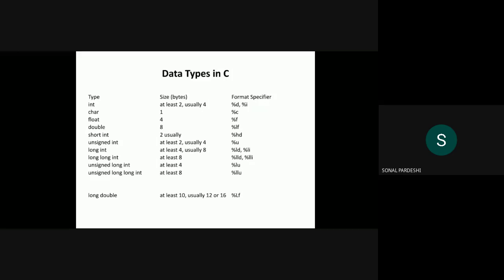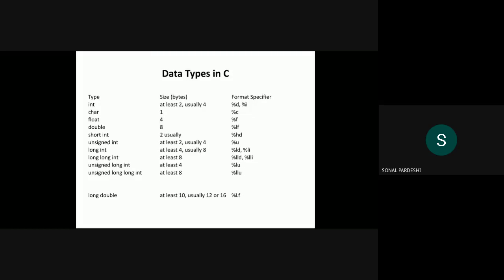For example, if you are executing your program on Turbo C or Turbo C++, the size of the integer is normally 2 bytes. And if you are executing your program on Dev C or Dev C++, these are editors, then the size of the integer is 4 bytes. So the size of the data type totally depends on these two factors.